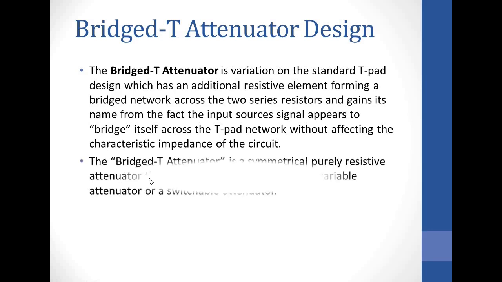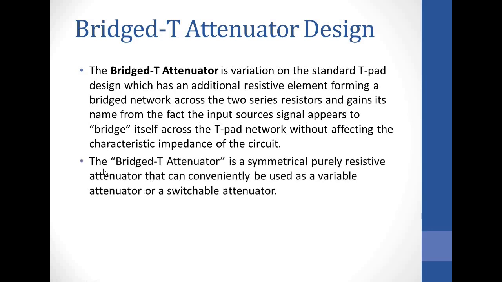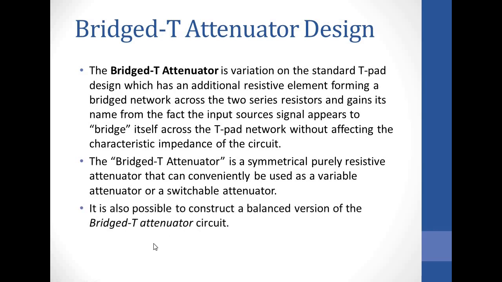The function of the two variable resistors is to let you vary your attenuation. The bridged T-type attenuator is a symmetrical, purely resistive attenuator, and can conveniently be used as a variable attenuator or switchable attenuator.